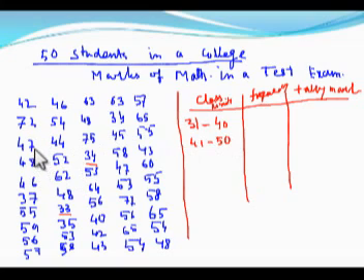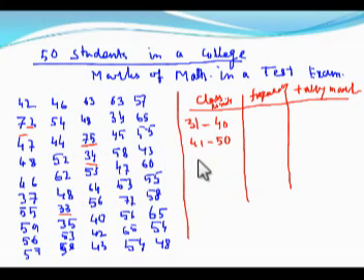What is the maximum of the numbers here? We have to find out the maximum. There is 72, 75. Maximum 75 we are getting, and no number is more than 80.